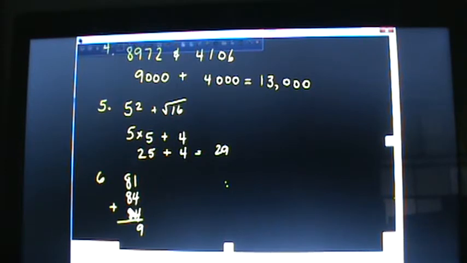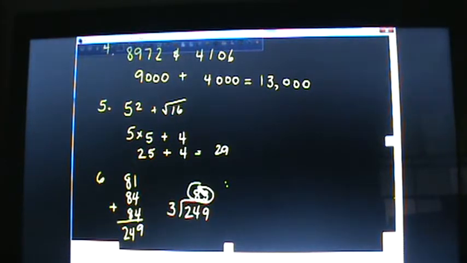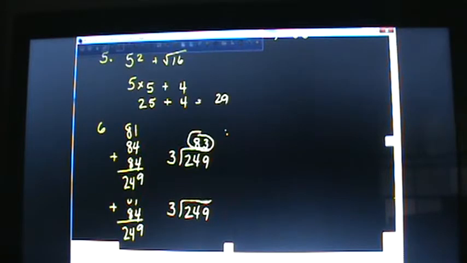And then 3 times 8 is 24. We have 3 test scores, so we're going to divide 249 by 3. Okay, 3 times 8 is 24. 3 will divide into 9 3 times. So her average score is an 83.